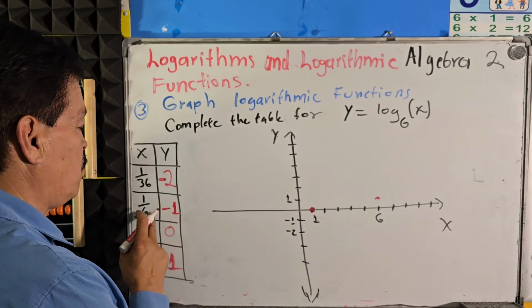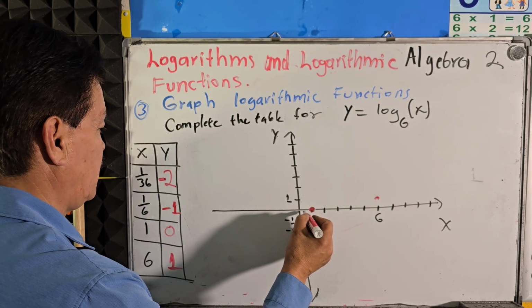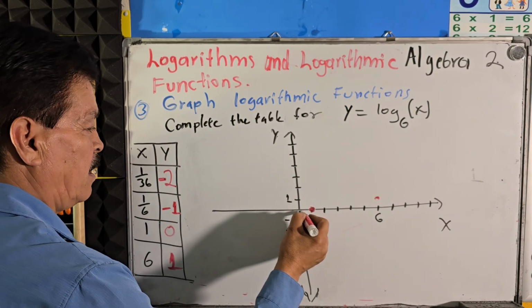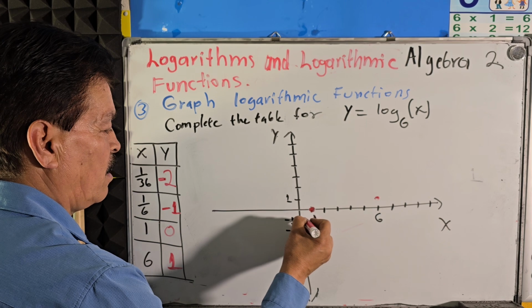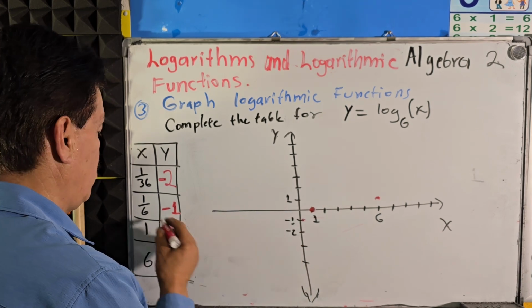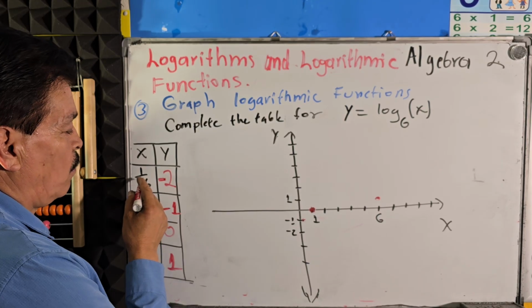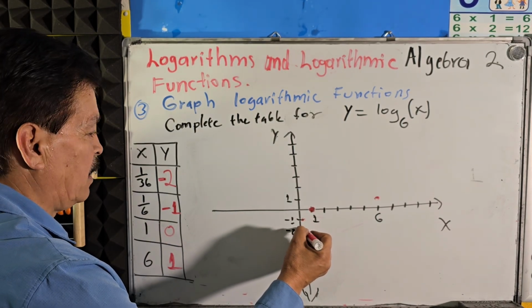So we have here 1/6 in x and -1 in y, very close to the y-axis, and then -2 right here.